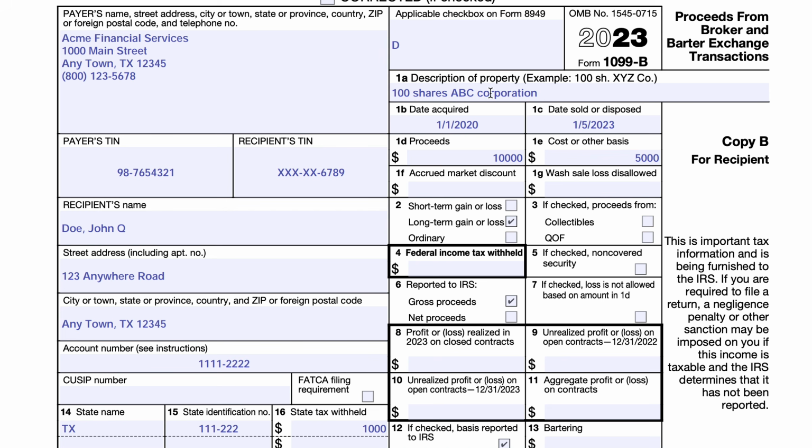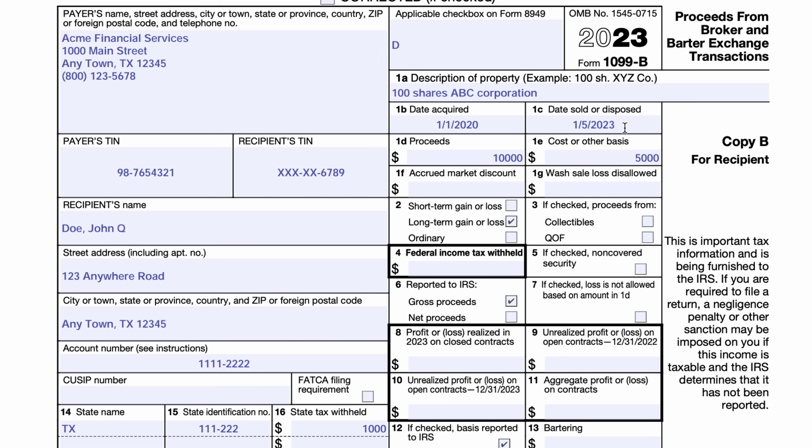Box 1A is a simple description of the property. In this case, 100 shares of ABC Corporation. In box 1B, we report the date that it was acquired, January 1st of 2020. John Doe sold it on January 5th of 2023. If you're familiar with the short-term versus long-term capital gain and loss treatment rule, anything held for more than 1 year, in other words, 1 year plus 1 day, is considered a long-term gain or loss.